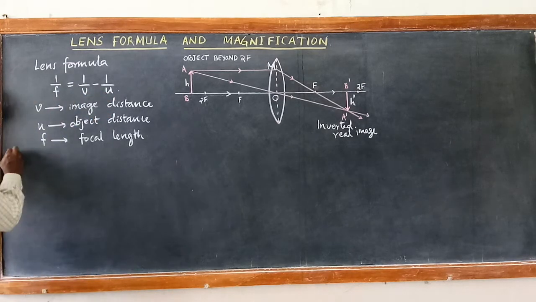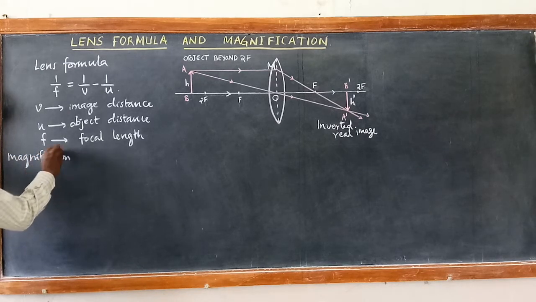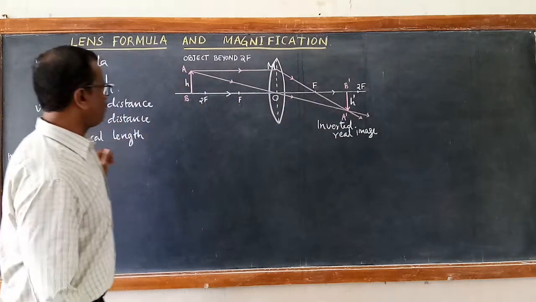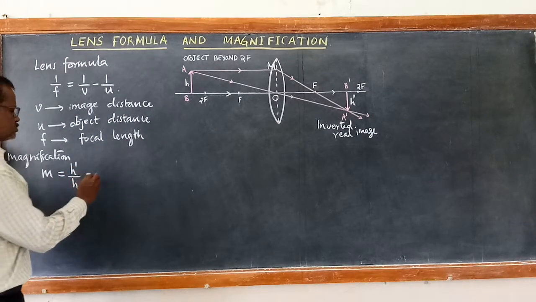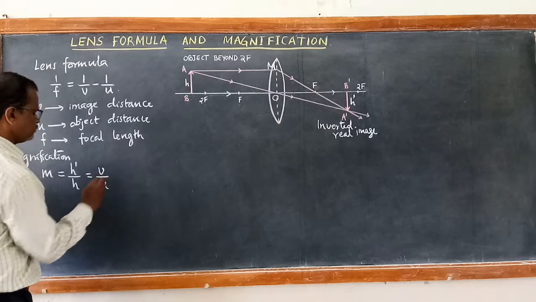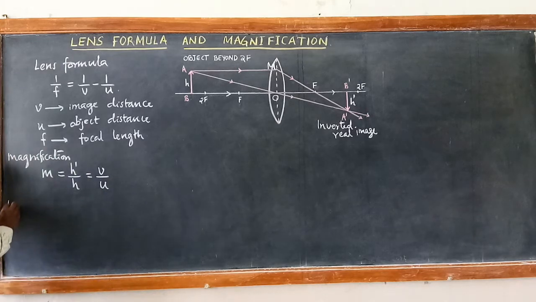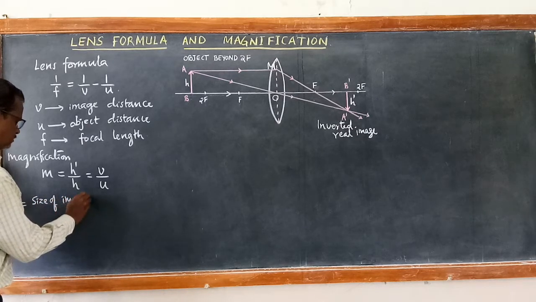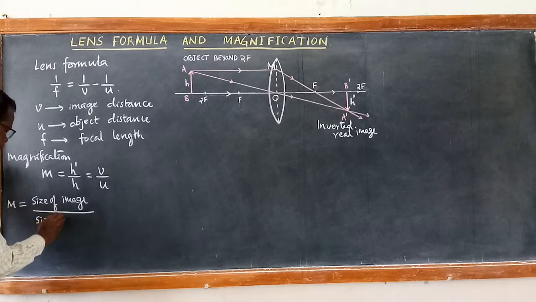Similarly, magnification, as defined earlier, is size of the image by size of the object. That can also be proved to be equal to v by u, image distance by object distance. So I will write here: magnification is the height of the image divided by the height of the object.